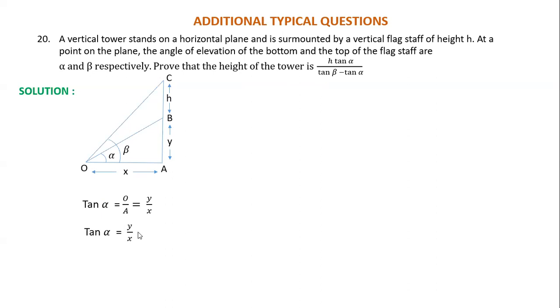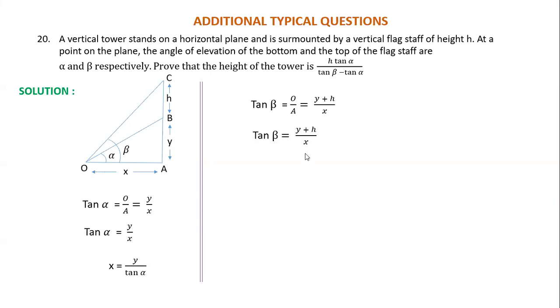So x is equal to y upon tan alpha. Let this be your first equation. Tan beta. Tan beta is this full angle. When you take the full angle, it is y plus h upon x. So tan beta is equal to y plus h upon x.